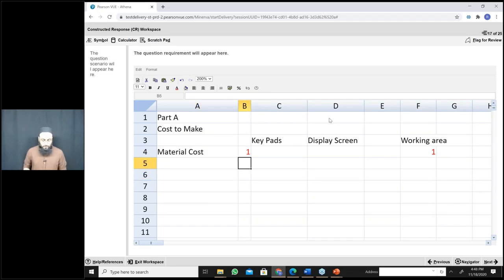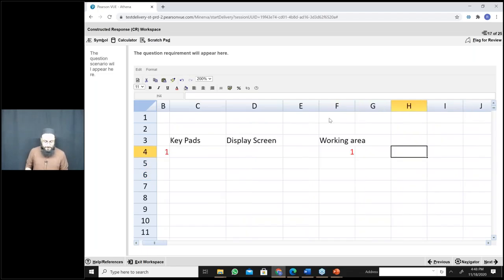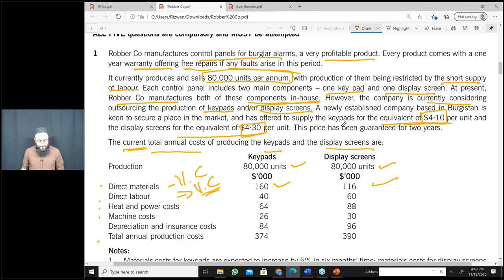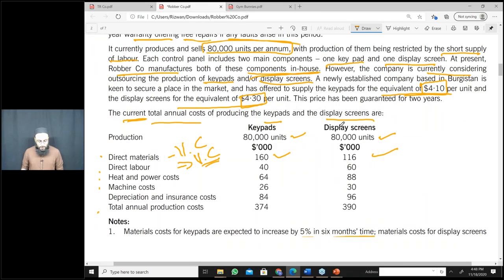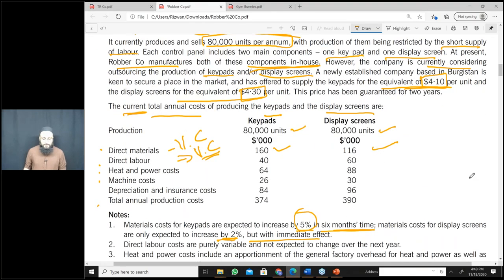Now for keypad, it is saying that it will increase by 5%, but in the next 6 months, which means we'll not apply this 5% completely. So what we'll do, we'll just use the proportionate percentage. First 6 months, no. Next 6 months, yes, right?